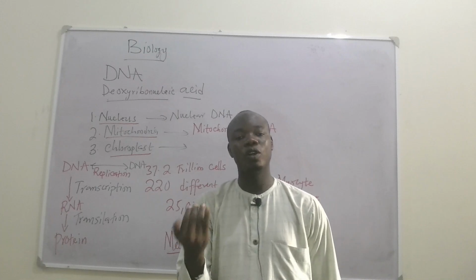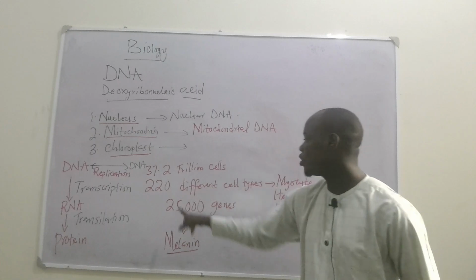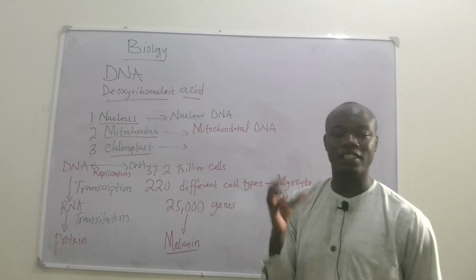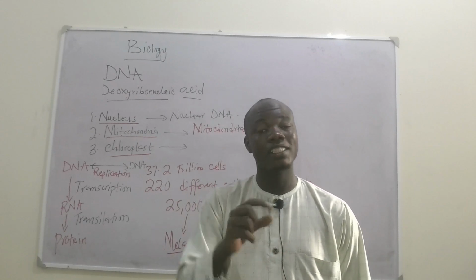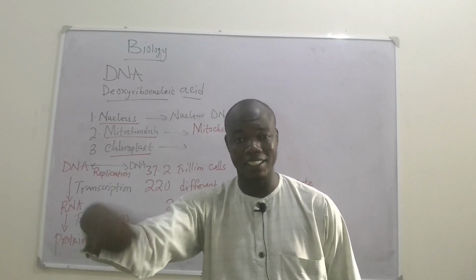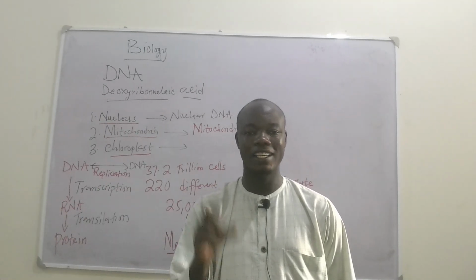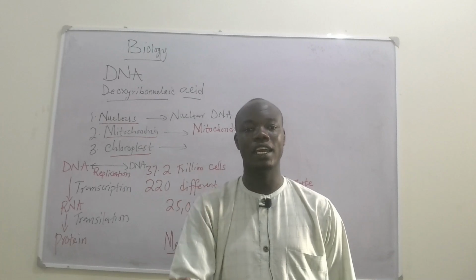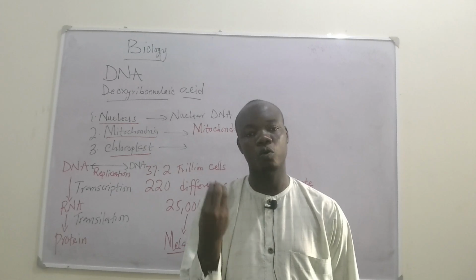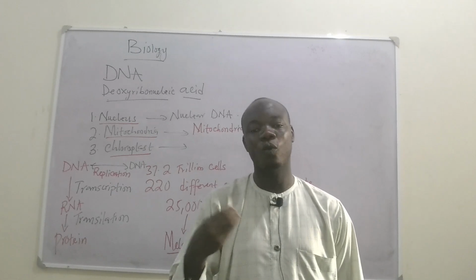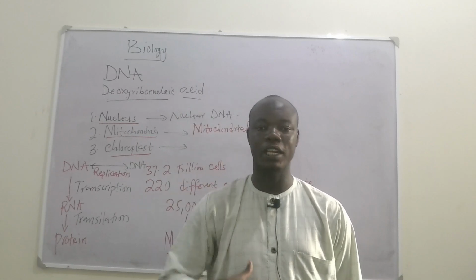But now, what we are saying is, is this DNA the same across all the 200 different cell types? The answer is yes, they are the same. Since it is DNA that dictates the function of a particular cell, someone will ask, why is it that the functions of the brain cells are different from the functions of the liver cells?